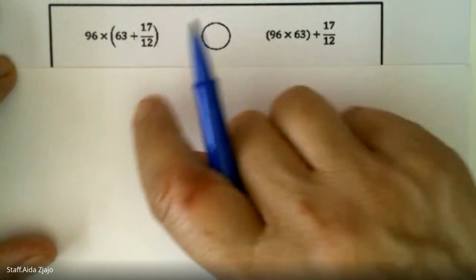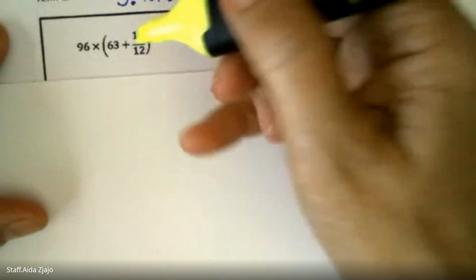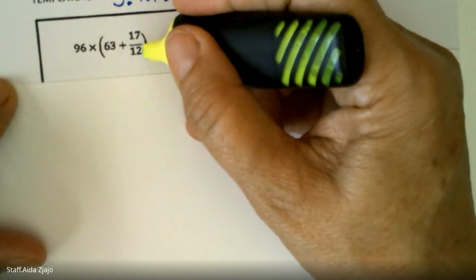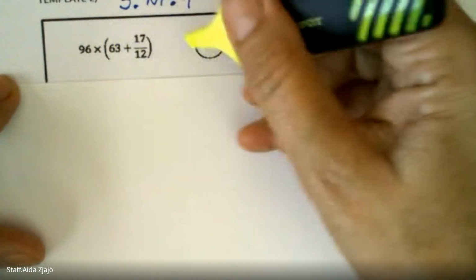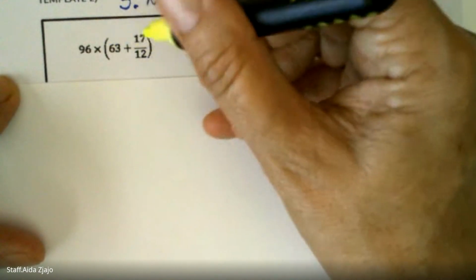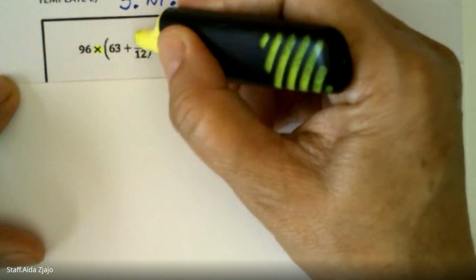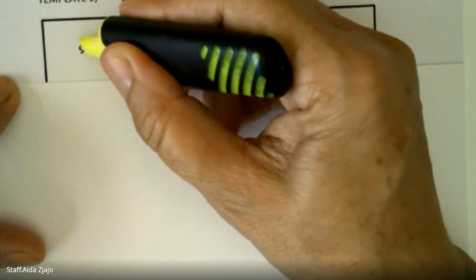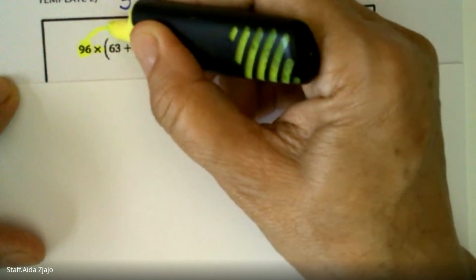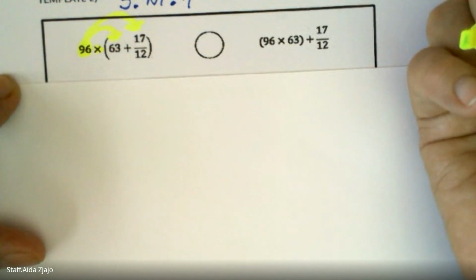All right. So the first one has, in parentheses, 96 times 63 plus 17 twelfths. When you look at this, it shows that you could use the distributive property. So when you have multiplication and parentheses, you can multiply 96 by 63, and then also 96 by 17 twelfths.